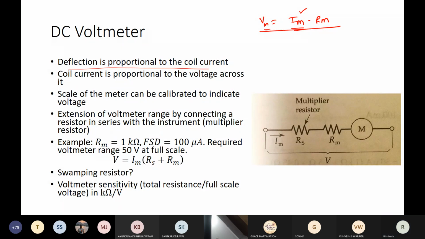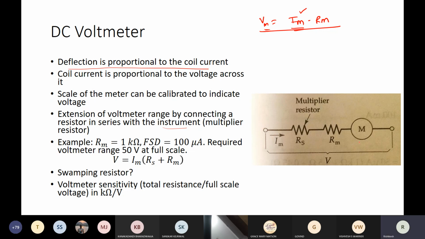Similar to the ammeter, one can extend the range of voltage measurement. If you draw the analogy with the ammeter, in the ammeter to extend the range we connected the resistance in parallel and it was called shunt resistance. In this case, the external resistance will be connected in series with the instrument, and it is called multiplier resistance because it is multiplying the range of the voltage measurement.